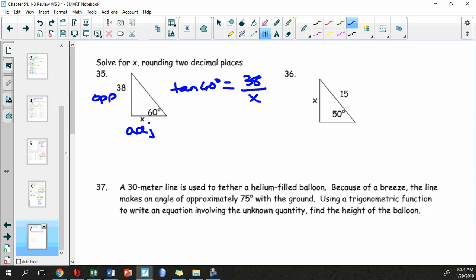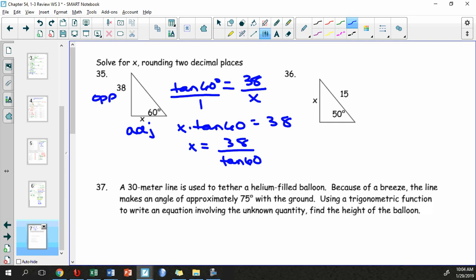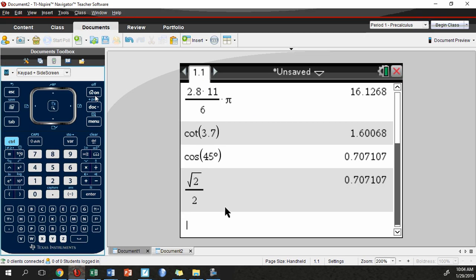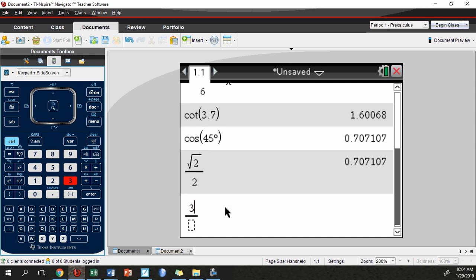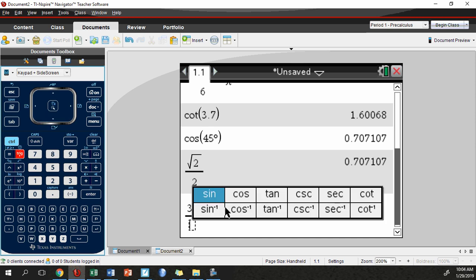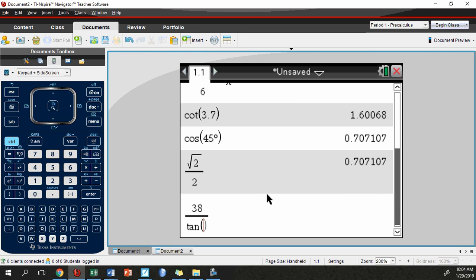How do I solve for x? Cross multiply maybe? X times the tangent of 60 is equal to 38. So x is equal to 38 divided by the tangent of 60. Go over to your calculator and type that in. 38 divided by the tangent of 60.